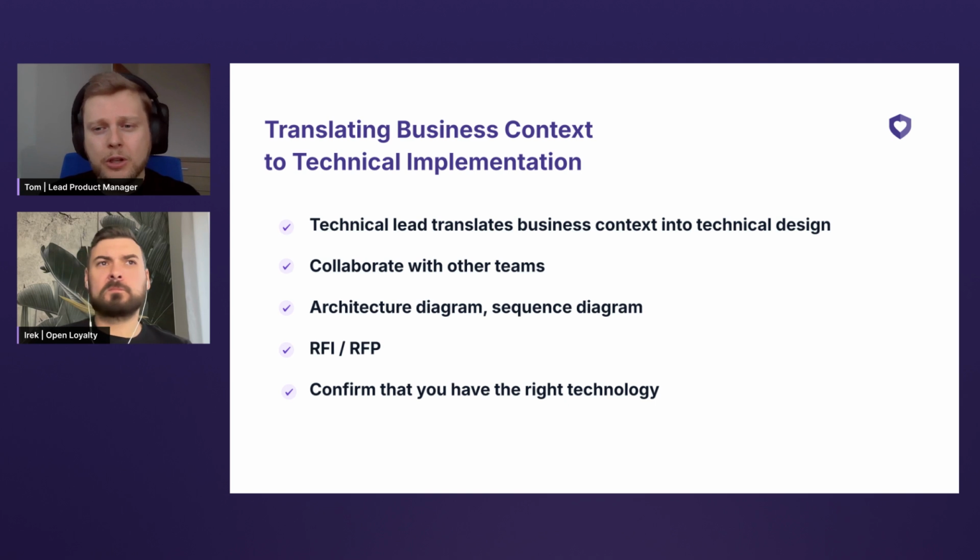Then sequence diagrams going in depth on how certain elements of the system will communicate for the connected user journeys, right? And then implementation tickets, something that your tech teams will work on to implement everything.